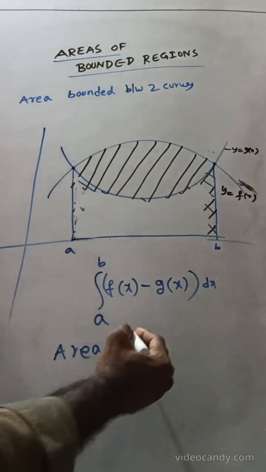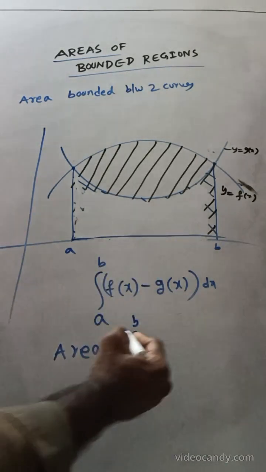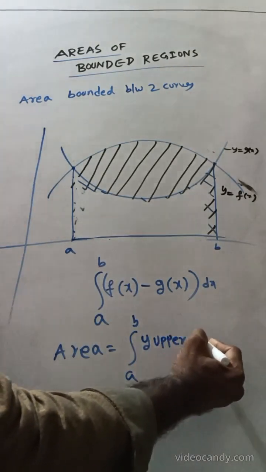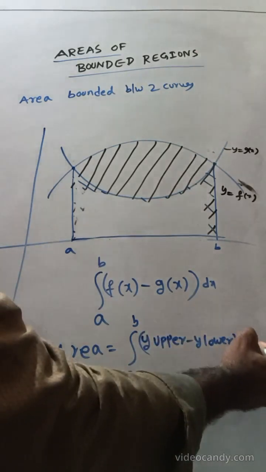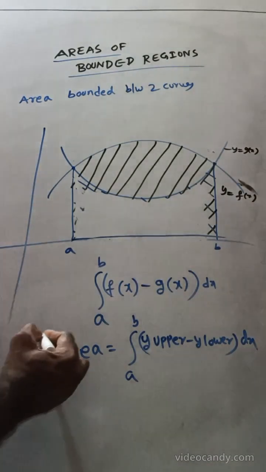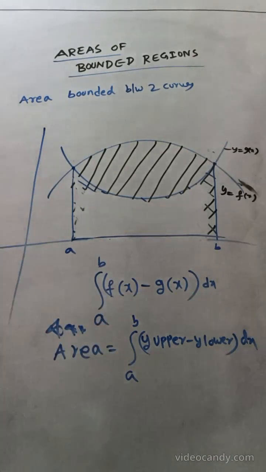So what is this area? Integration a to b, y upper minus y lower, of dx or dy. This is the most useful formula for finding the area.